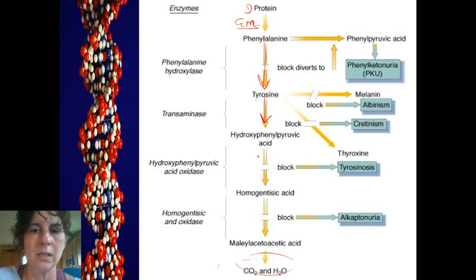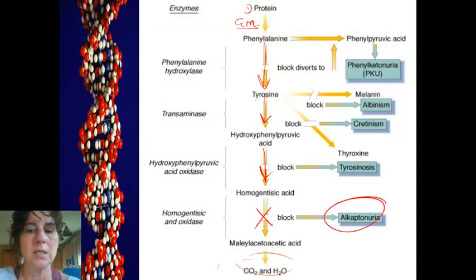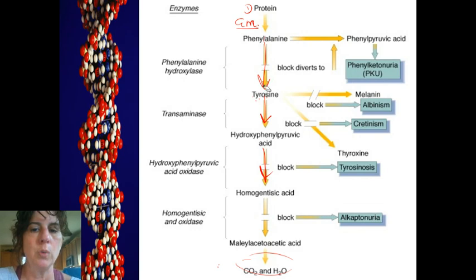If that part of the pathway is okay, and we get down here going from phenylalanine and tyrosine to hydroxyphenylpyruvic acid, but then that one's blocked, we can get something called tyrosinosis. If that one's okay and everything's moving along, but this one's blocked, then that's alkaptonuria. So you can see that you could have an issue with any enzyme along the pathway.